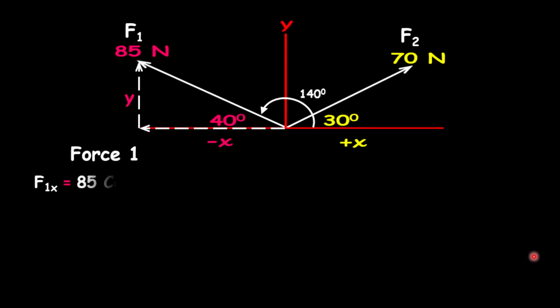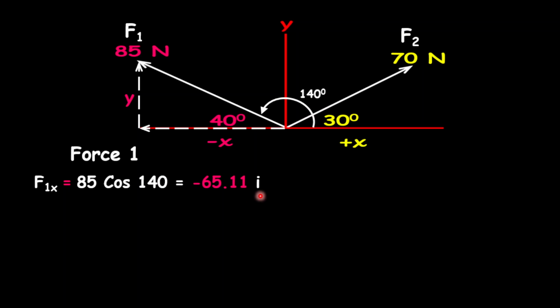To break this down, the x component of force 1, which is this line, is 85 newtons, which is the hypotenuse, times cos 140, and this equals negative 65.11 i.